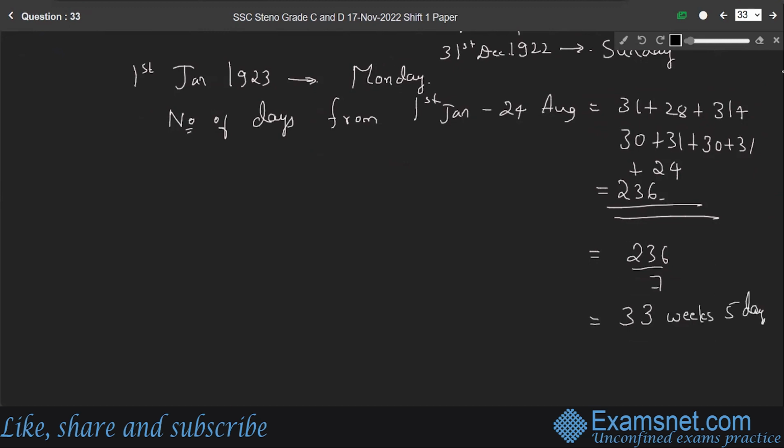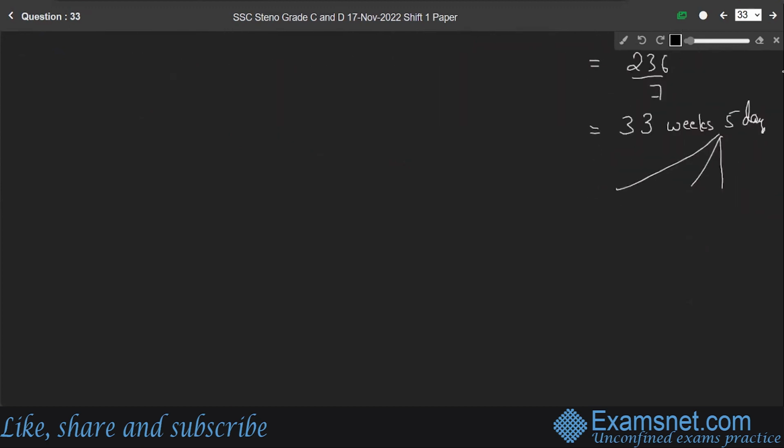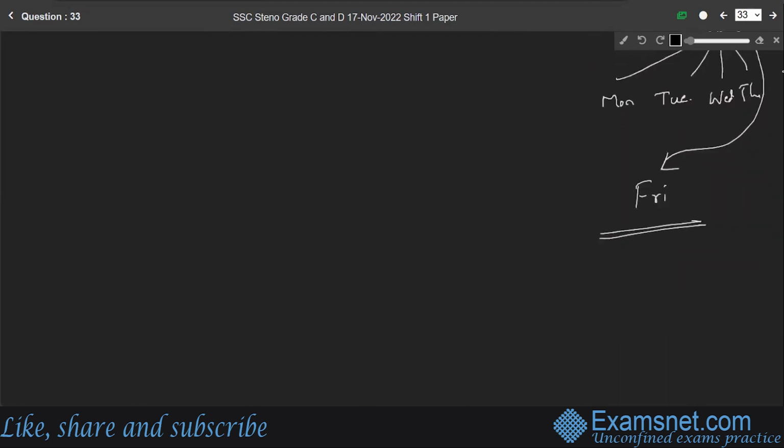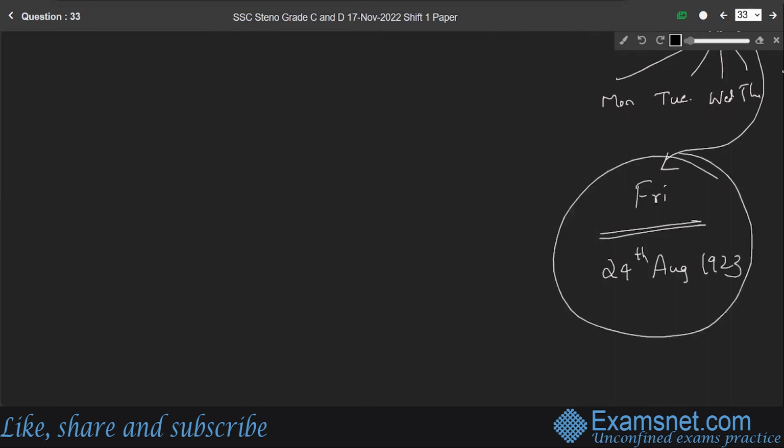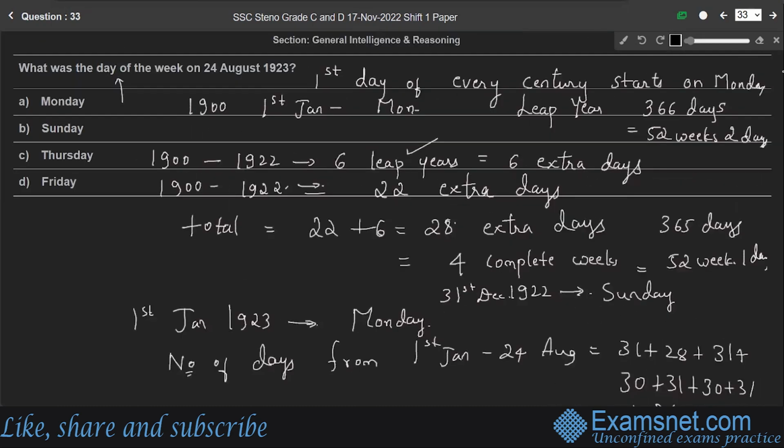These 5 days are Monday, Tuesday, Wednesday, Thursday, and the 5th day is Friday. So the last day, the 5th day, is Friday, which is 24th August 1923. So it was on Friday. Therefore, option D is the right answer.